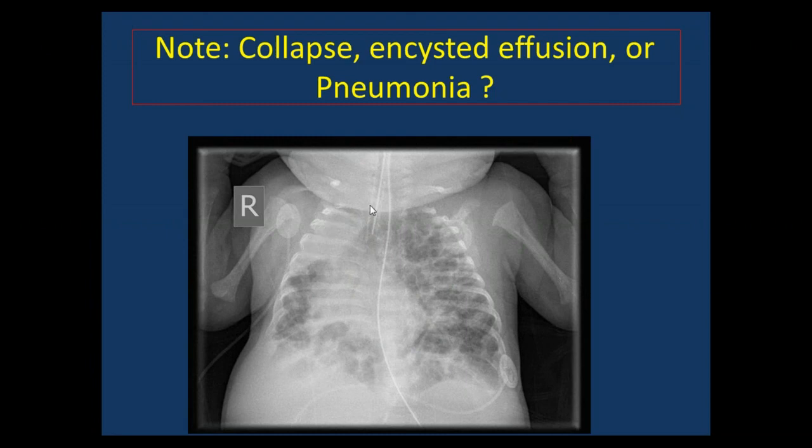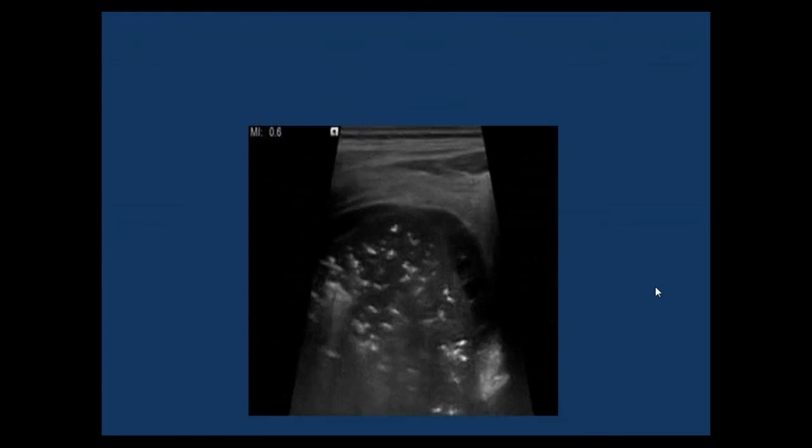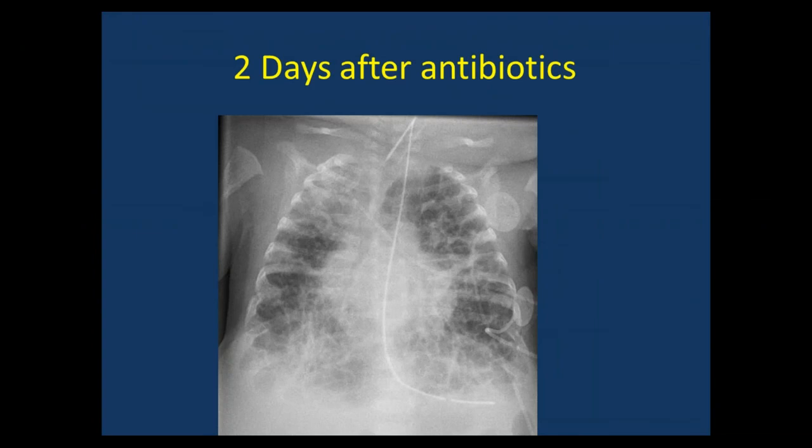And then you have this area here, which could be collapse or pneumonia. It's really difficult to differentiate. By ultrasound, it was much easier to identify pneumonia, and it is the same area. In spite of a change of ventilation there was no improvement, but 2 days after starting antibiotics, you can easily detect the difference compared to the first X-ray.